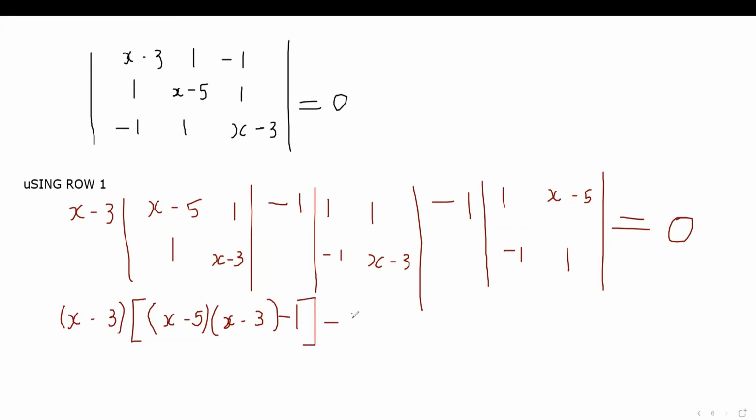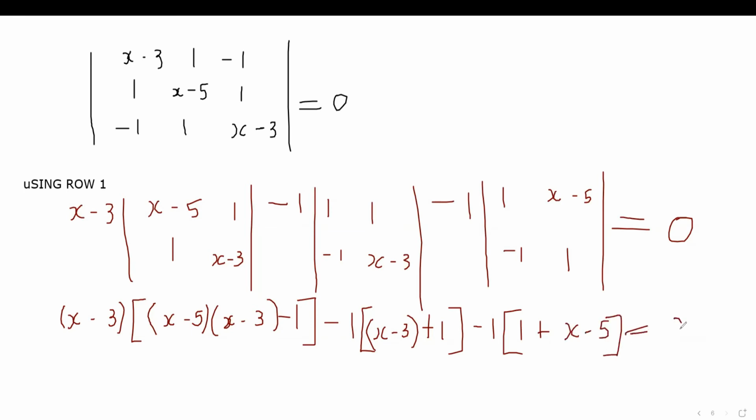Then we have minus 1 times, in bracket, 1 times x minus 3 is x minus 3. Close that up. Minus 1 makes it plus 1. Then we have minus 1 times 1 times 1 is 1. Then it becomes minus, so it becomes plus x minus 5. I need to solve all of this equals 0.